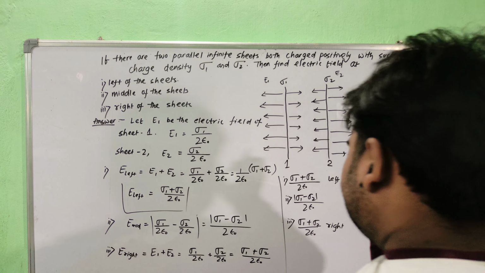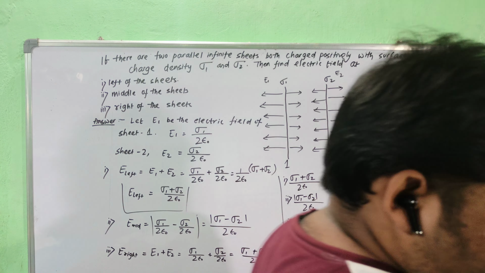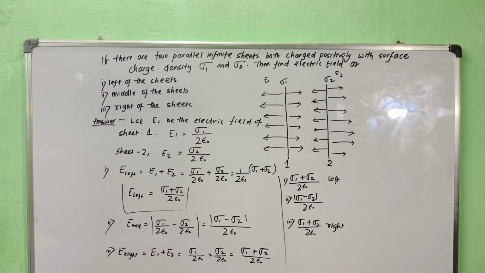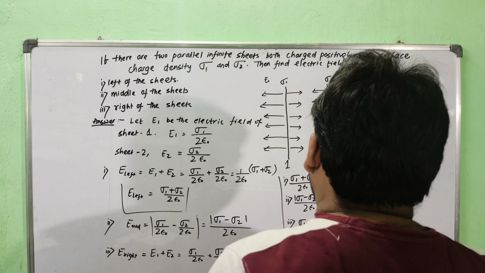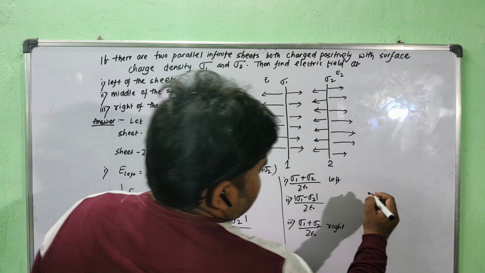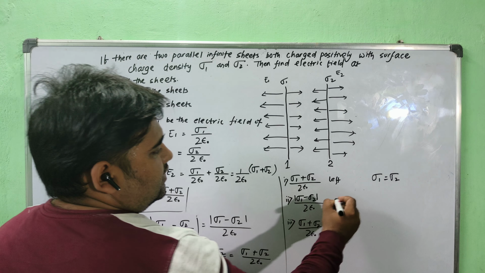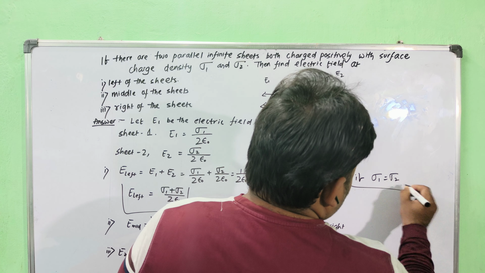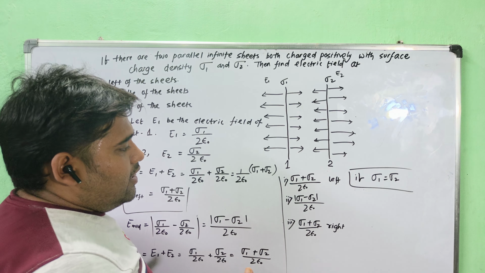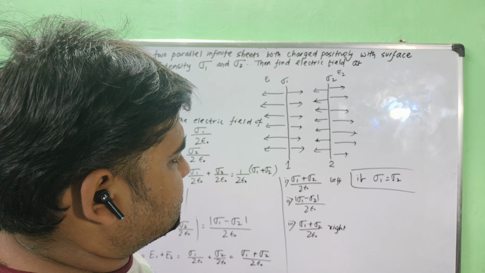Now, if sigma 1 is equal to sigma 2, I think this portion is visible. Okay, this is visible. Now if sigma 1 is equal to sigma 2, how can you modify these answers?